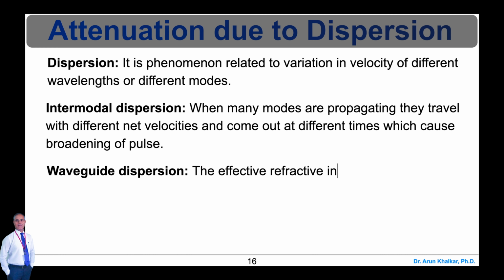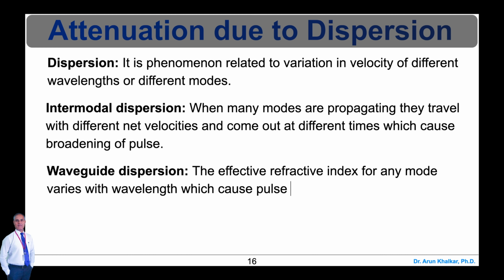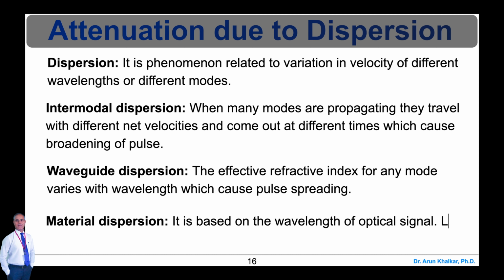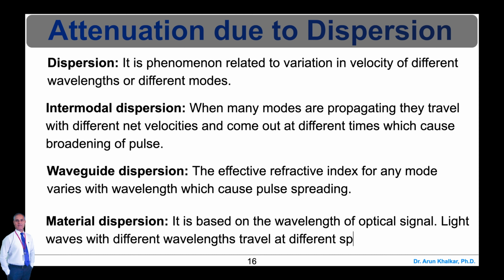Next is waveguide dispersion. The effective refractive index for any mode varies with wavelength, which causes pulse spreading. This is waveguide dispersion. Next one is material dispersion. It is based on the wavelength of the optical signal. Light waves with different wavelengths travel at different speeds in a vacuum.